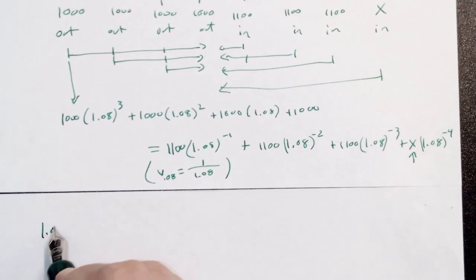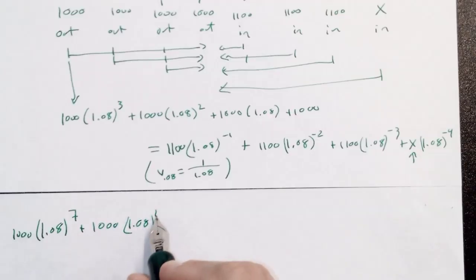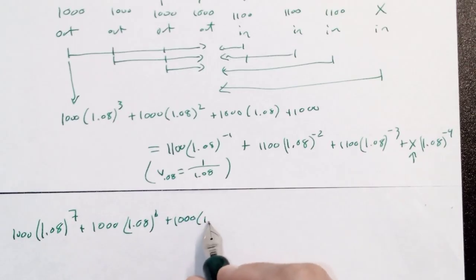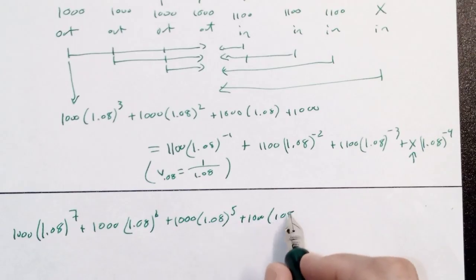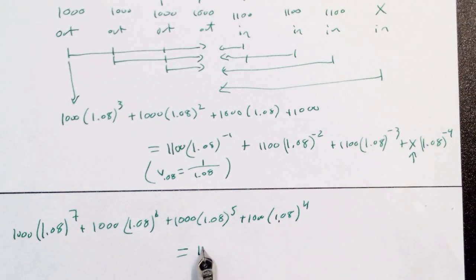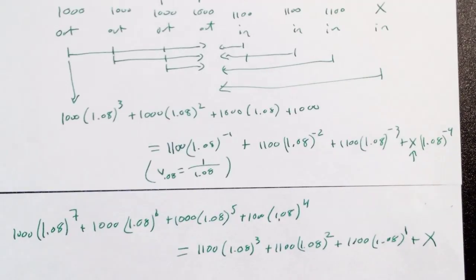So this becomes 1000 times 1.08 to the seventh, 1000 times 1.08 to the sixth, 1000 times 1.08 to the fifth, 1000 times 1.08 to the fourth equals 1100 times 1.08 to the third, plus 1100 times 1.08 to the second, plus 1100 times 1.08 to the first, plus x. Now you can solve for x, can't you?